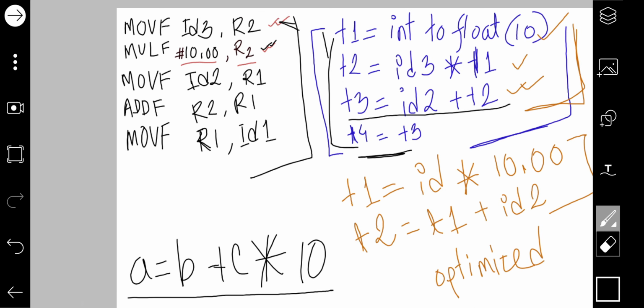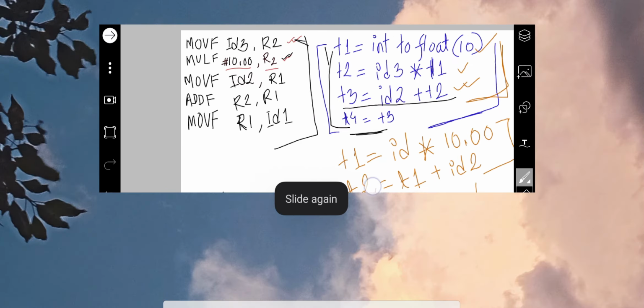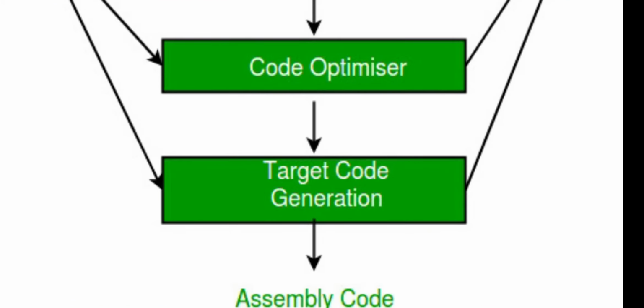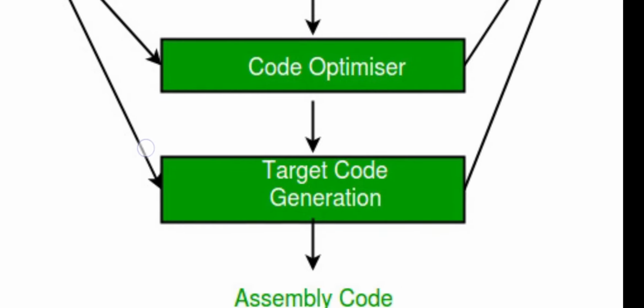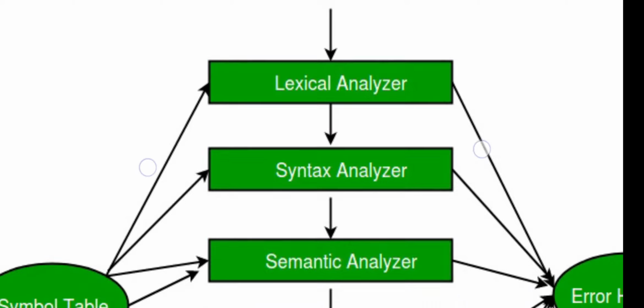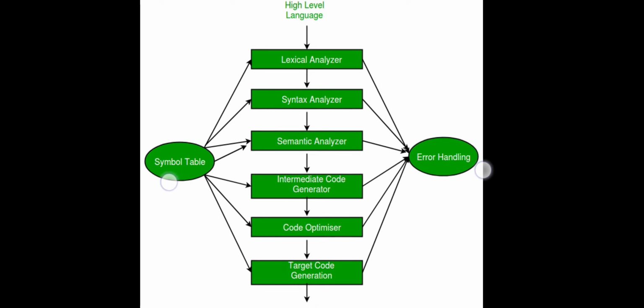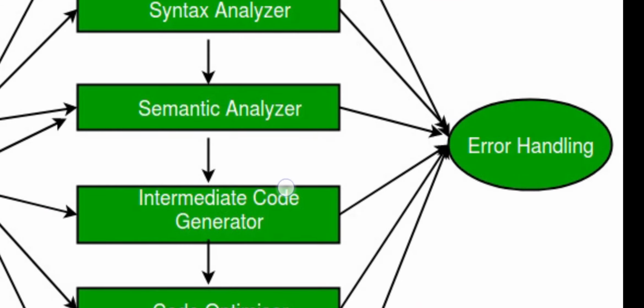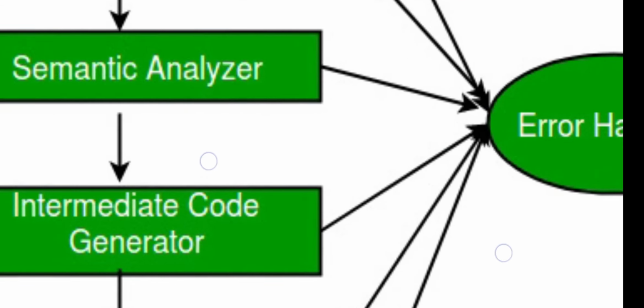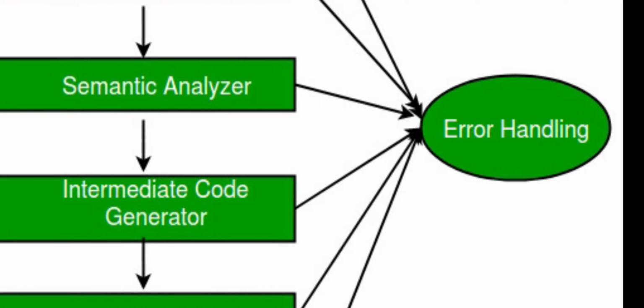After that the target code is generated. Now there are two other things, one is symbol table and another one is error handling. Error handling happens after each of the steps. After each step, they will consider whether there is an error or not.